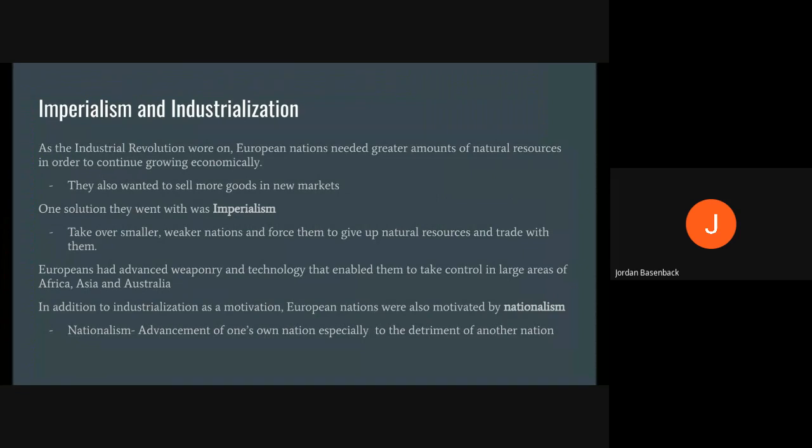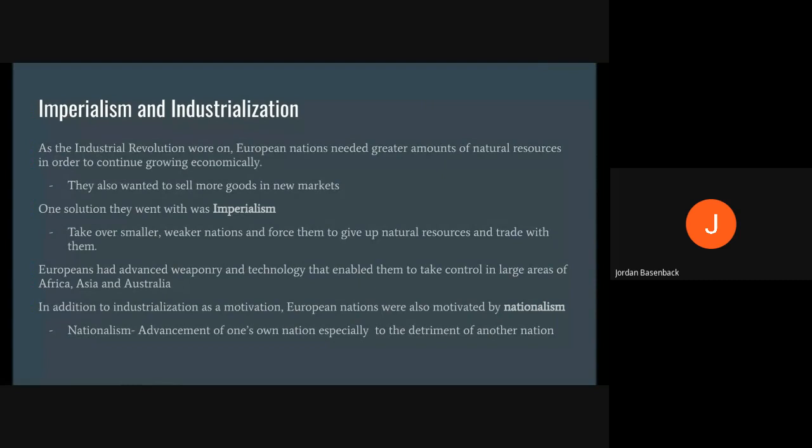And so in order to not only make more goods that they could sell in their own country, they also wanted to sell more goods in new markets. And so one solution they went with was to take over other smaller, weaker nations and to force them to give up natural resources and to trade with that European power. And so this becomes known as imperialism.